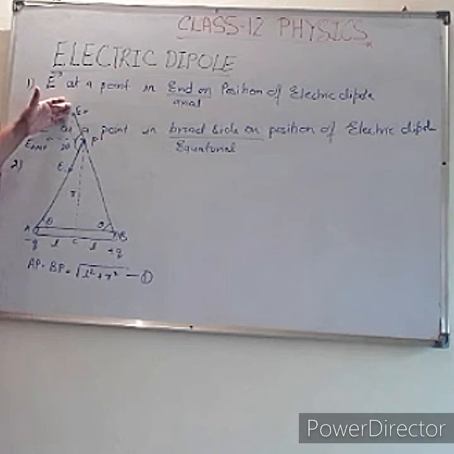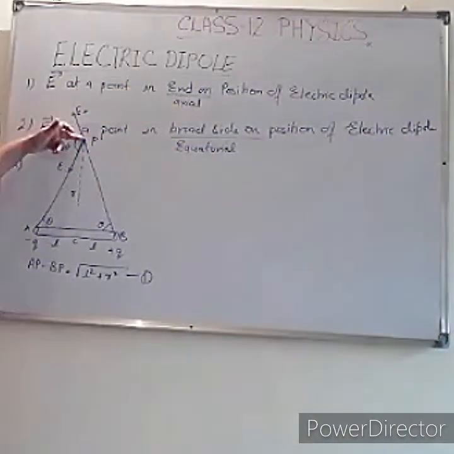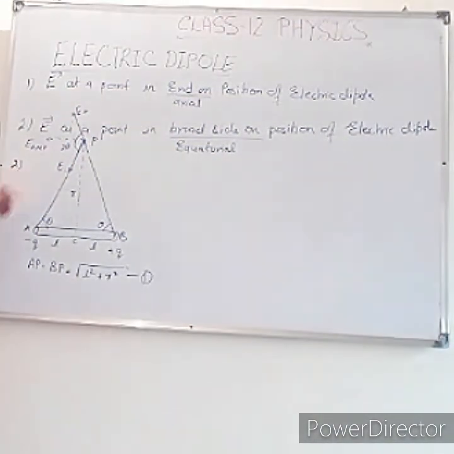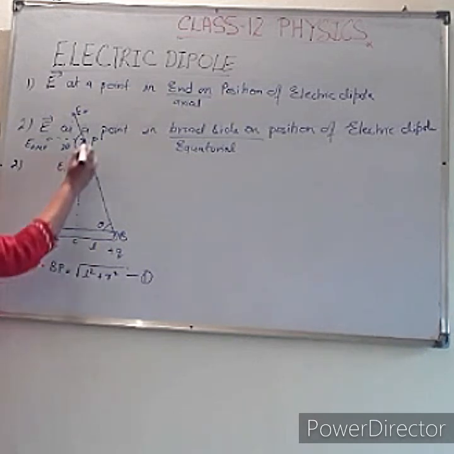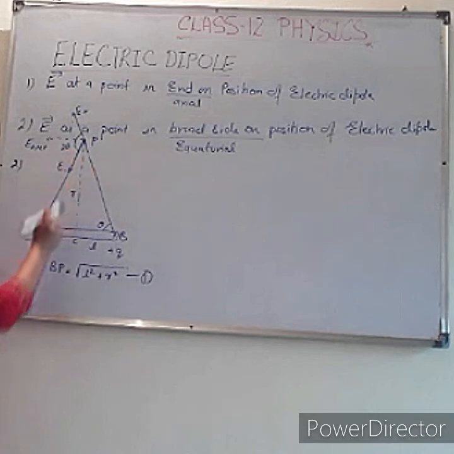Plus Q charge away from the plus Q and minus Q charge towards the minus Q. Here you can see that if the dipole length is 2L, so AC is L and CB is L. Both are equally divided. So AP and BP, both distance are equal, and the value is what? L square plus R square under root.